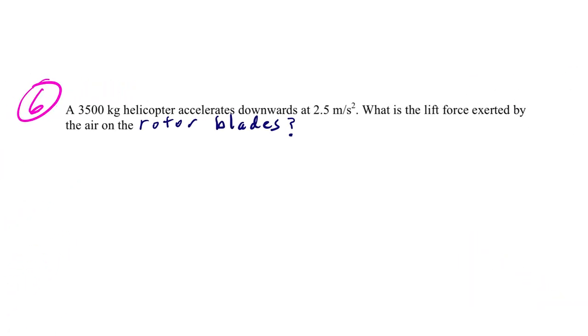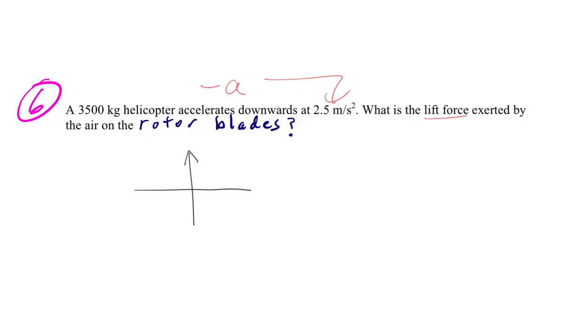So we have a helicopter accelerating downward. Okay, that's what the 2.5 is, downward. What is the lift force exerted by the air on the rotor blades? Well, that's like normal force. Don't freak out, it's not that much different.